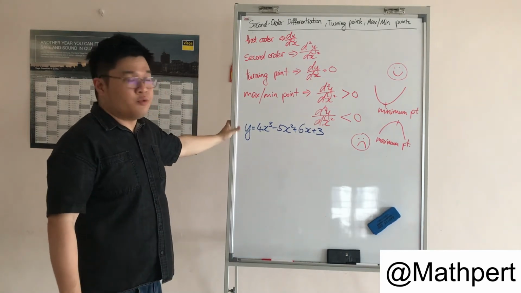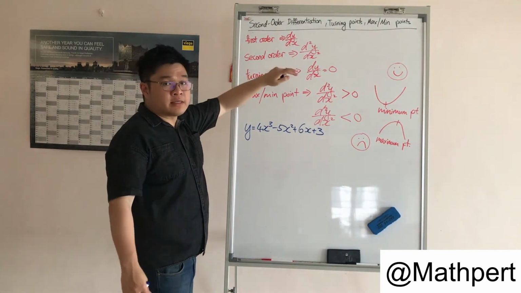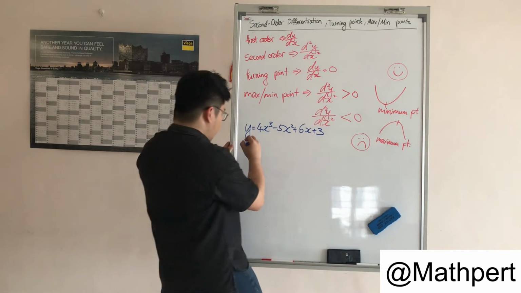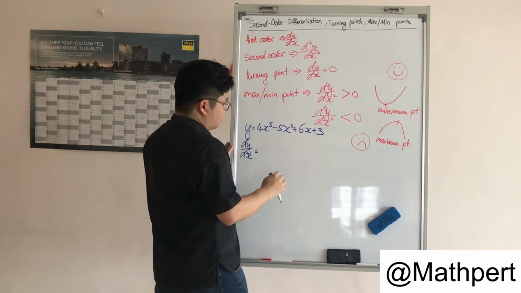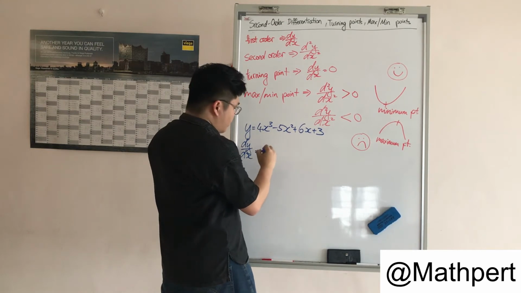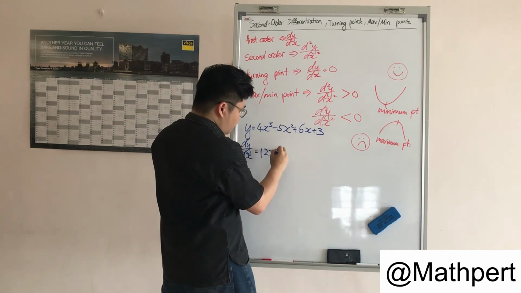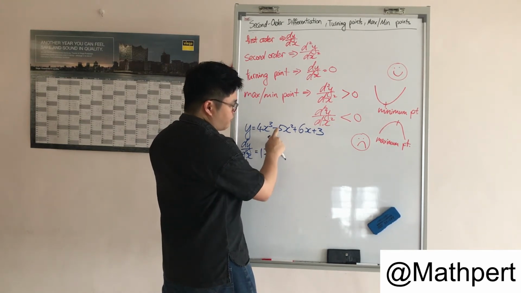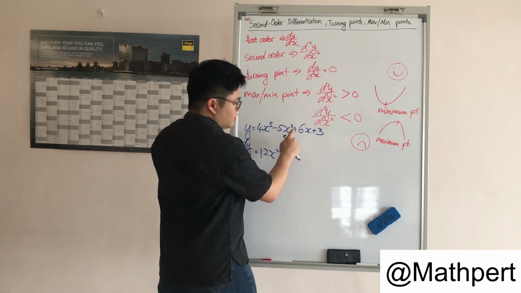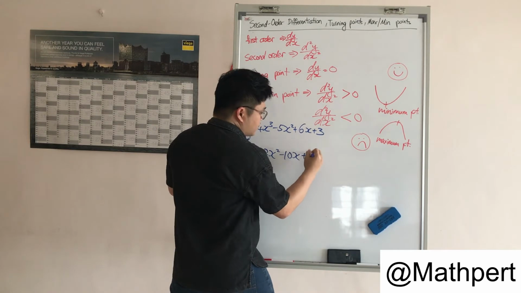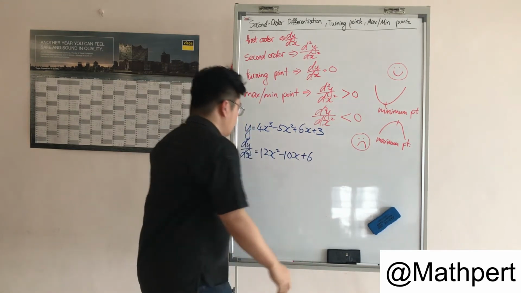So first, we find dy/dx first. For 4x cubed we get 12x squared. Minus 5x squared we get 10x. 6x we get 6. 3 we get 0.